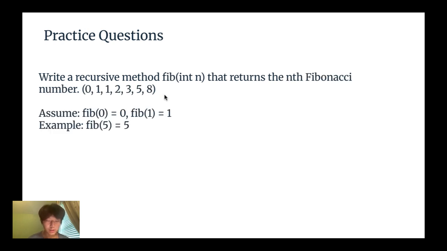And also please answer this question that requires you to write a recursive method fib(int n) that returns the nth Fibonacci number. The Fibonacci numbers are a series of numbers where each element is the sum of its previous two numbers. So for example, here the third Fibonacci number, 1, equals the previous two, 0 and 1, which is 1.